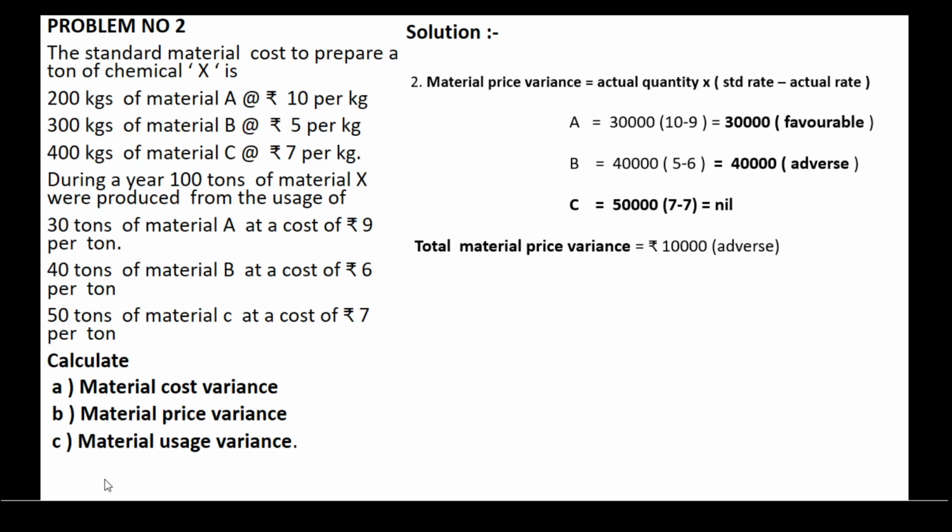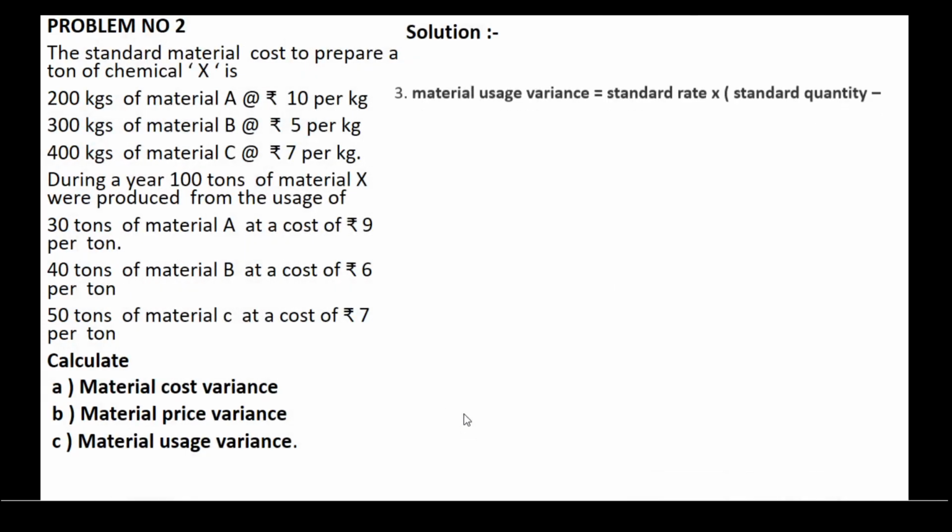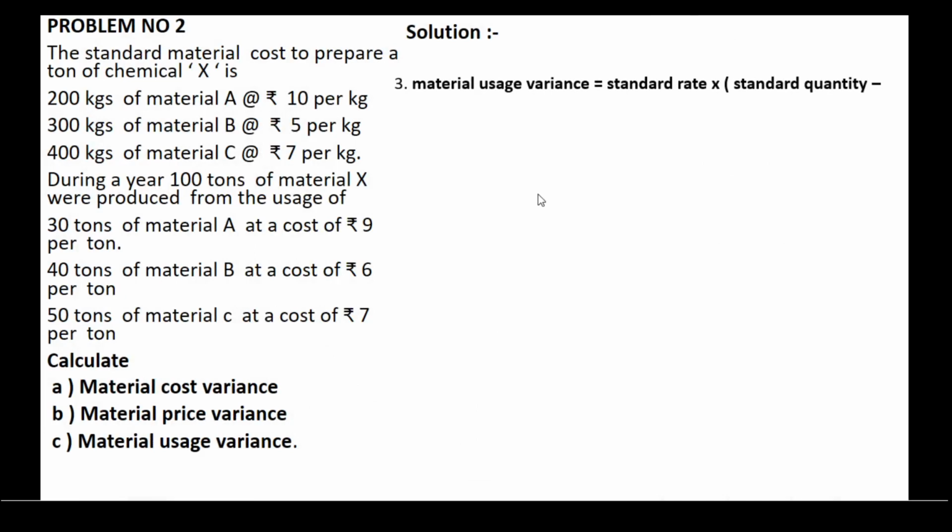And the next one is the calculation of material usage variance. Material usage variance is calculated using the formula standard rate into standard quantity minus actual quantity. So this is the formula for the calculation of material usage variance.